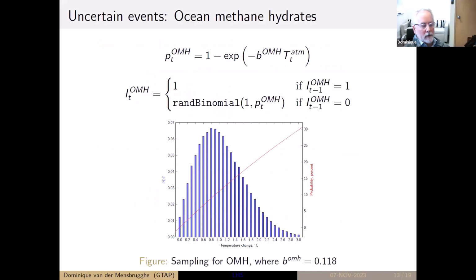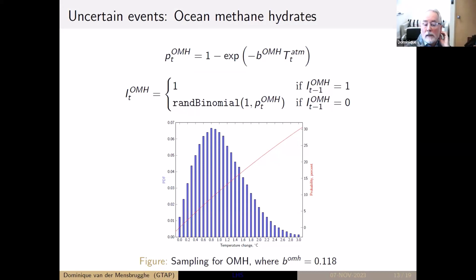The other thing I wanted to point out are the tipping points. The tipping points are also sampled, but they're sampled every period, because they depend on state variables. The equation here is the probability of the ocean methane hydrates starting to be released into the atmosphere.